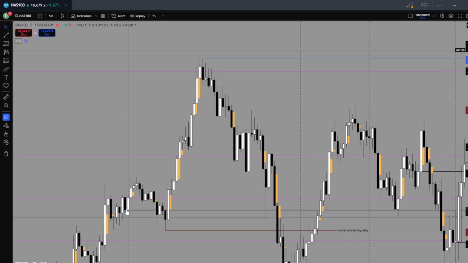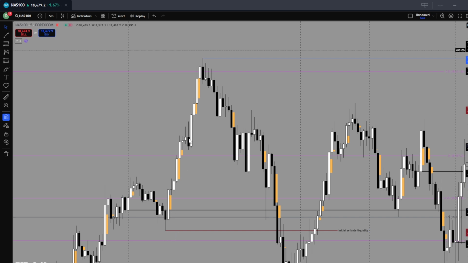What did price do? It went higher, then came down below the opening price and created the initial sell side liquidity. It's the initial sell side liquidity because it's a swing low, and below a swing low we have sell side liquidity, or sell stops.